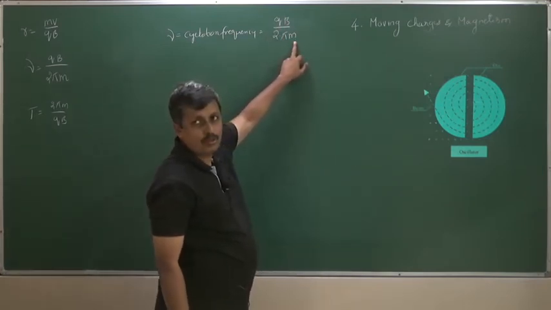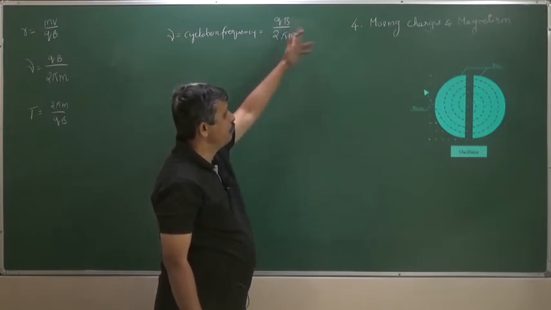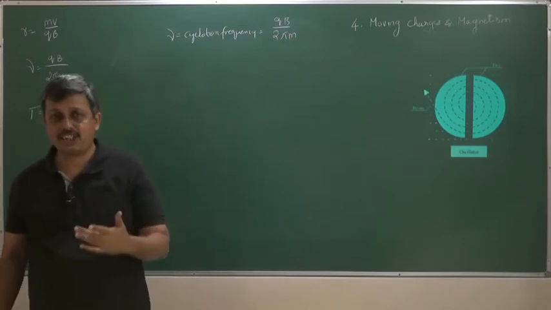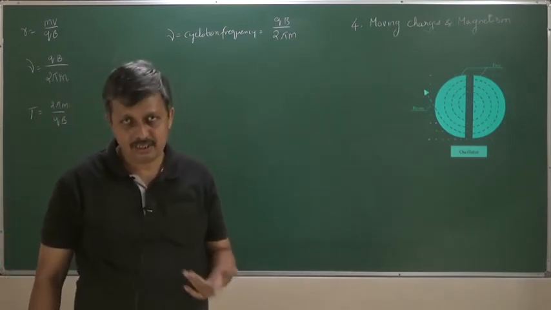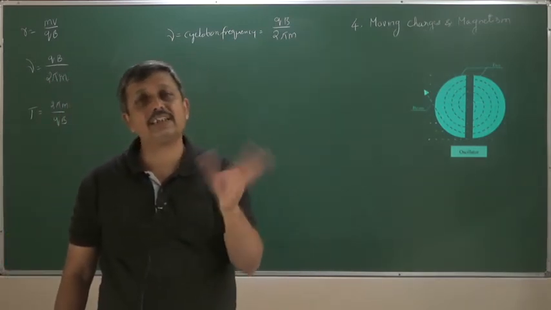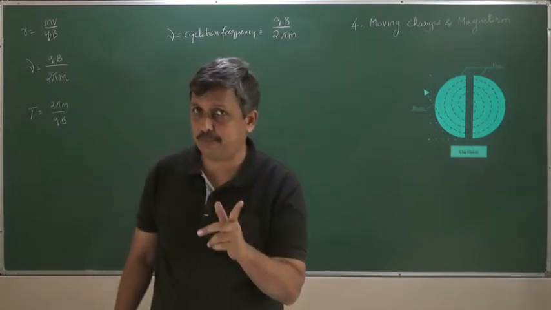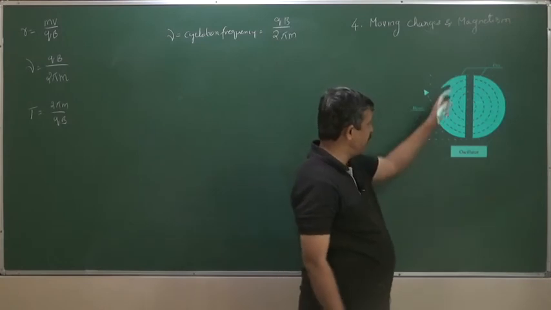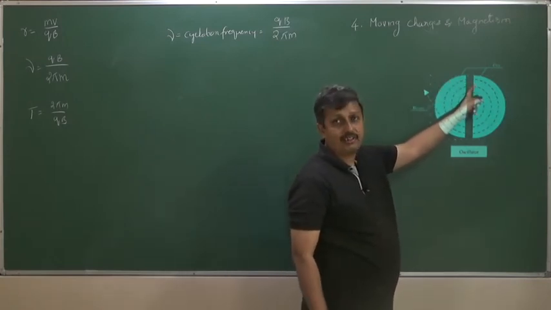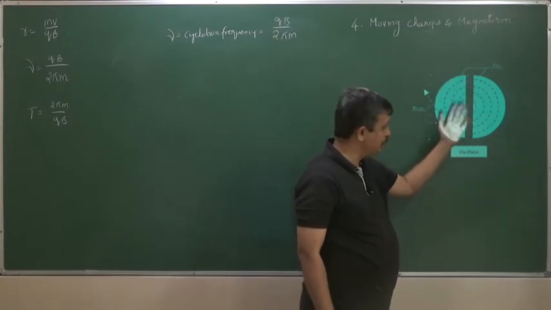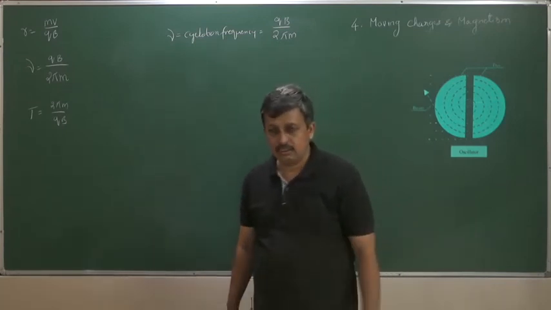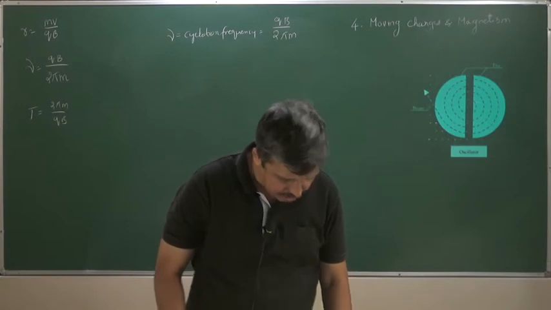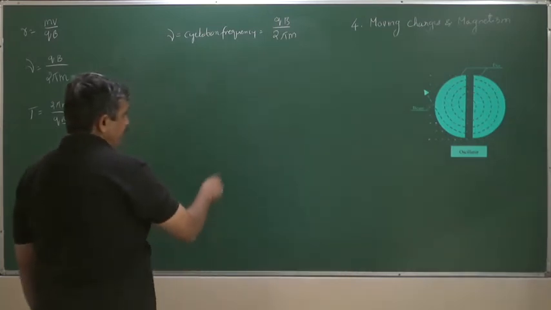Q by M you will know, and depending on the value of B that you are given, you can calculate the cyclotron frequency. Now you adjust the E such that E also has the same frequency, and the phase should be correct. You should not do it in such a way that the frequency is the same, but whenever you go here you decelerate it. That should not happen. Every time it has to properly accelerate, in the correct direction. So then you calculate the value of R.